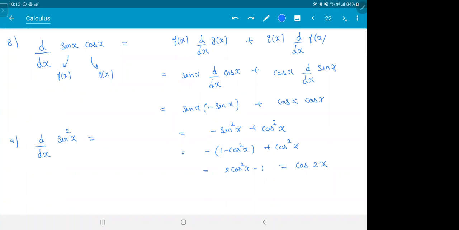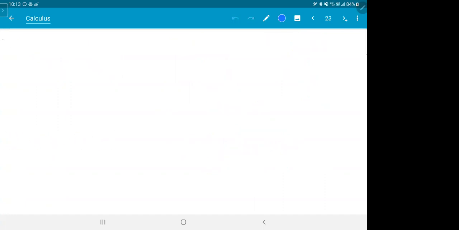Let's see, 2 sin x cos x, okay. Sin x into sin x. So this is f of x and this is g of x.